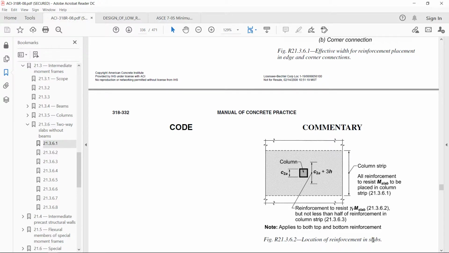The location of the reinforcement in the slab: if this is the column strip, then we have to place the reinforcement over here. All reinforcement to resist M slab to be placed in the column strip. This is as per ACI 21.3.6.1. So we always consider this column strip as defined before, and we should place all reinforcement to resist M slab within this area.